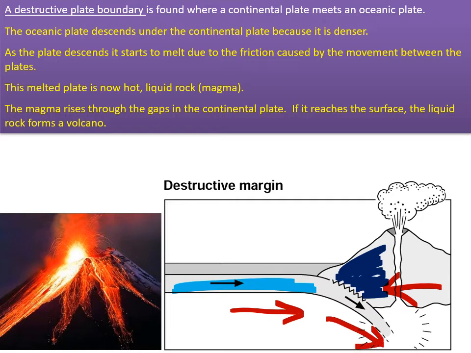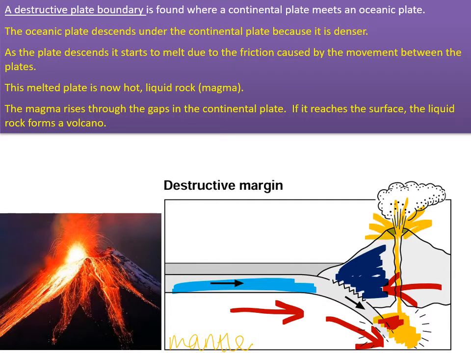This here is the mantle. As you can see, this plate is disappearing down here, melting into the magma as it goes in. And this magma pushes upwards, coming out of our volcano like lava.